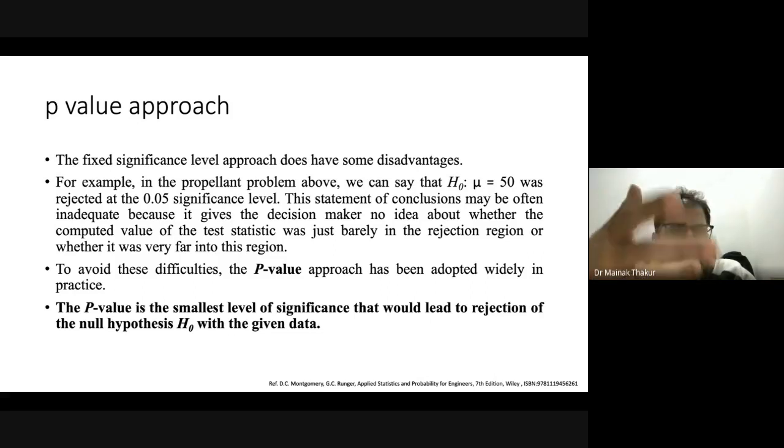Nowadays all software gives the p-value, and it is very easy to decide: if the p-value is less than alpha, you reject the null hypothesis; if it is greater than alpha, you fail to reject it. Because the p-value is the smallest level of significance that would lead to rejection, if your alpha is higher than the p-value, you will reject the null hypothesis.